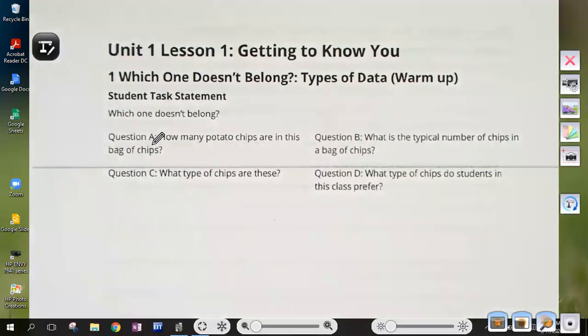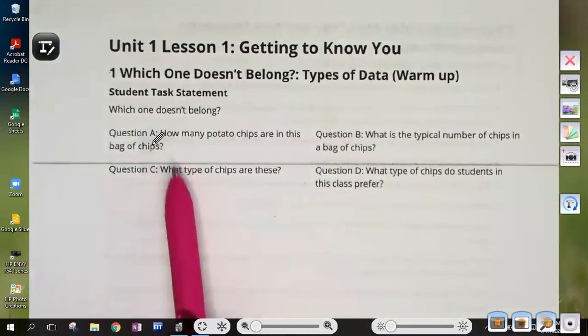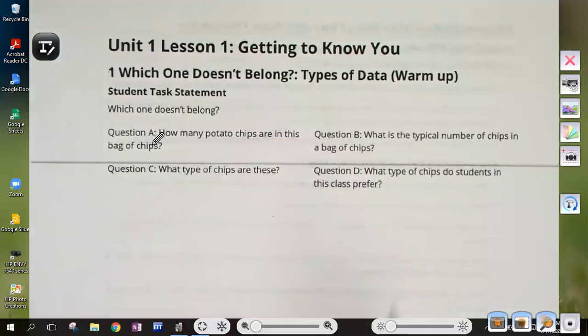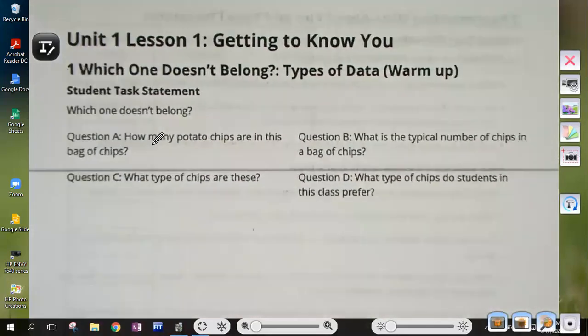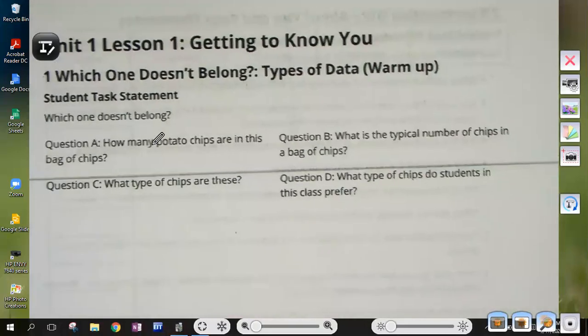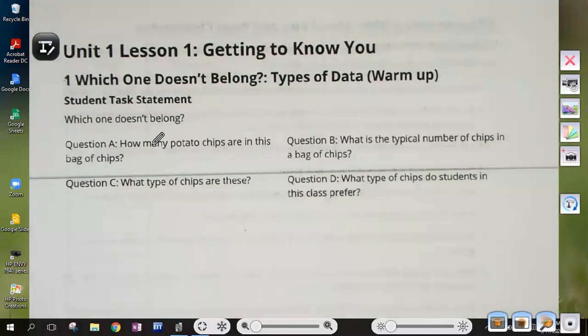Okay. This one says, which one doesn't belong? Okay, so we have 4 questions here, question A, B, C, and D. I'm going to give y'all about 2 minutes, and I want you to not just pick which one you don't think belongs. I kind of want you to compare each question to each other, okay?